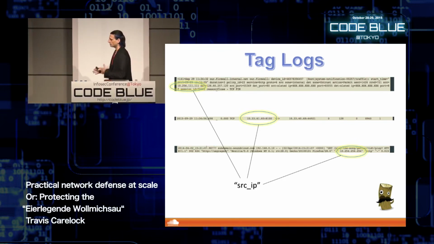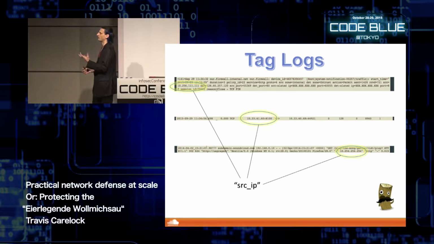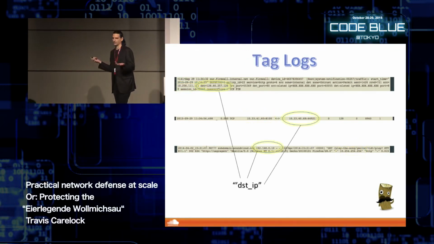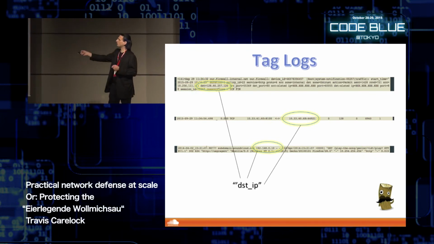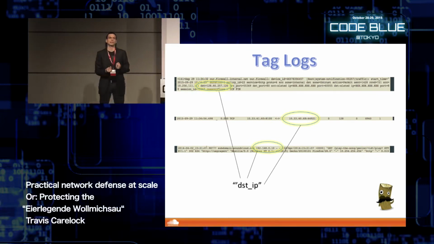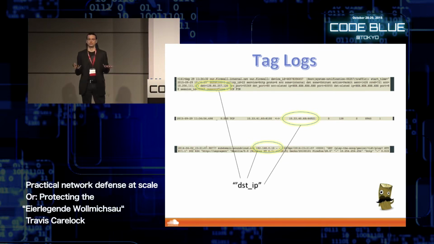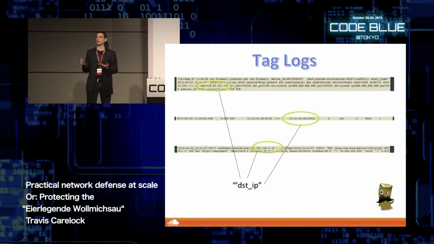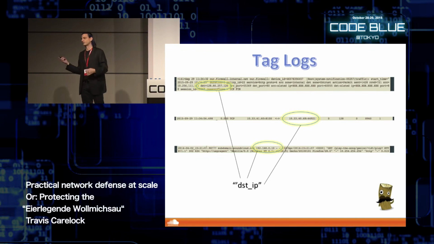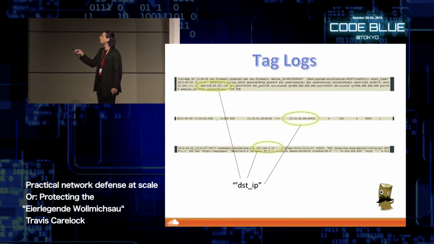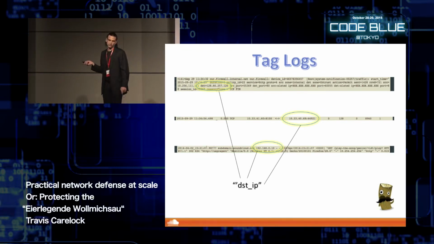So once you tag them as the source IP for this log, and you can do the same thing for, say, destination IPs, now you can ask across all your logs for destination IP X, what happened? And now you can ask questions like, for this destination IP, what happened from 2 o'clock to 3 o'clock yesterday? And you'll be able to easily correlate between all your logs what is going on with this certain node or IP.